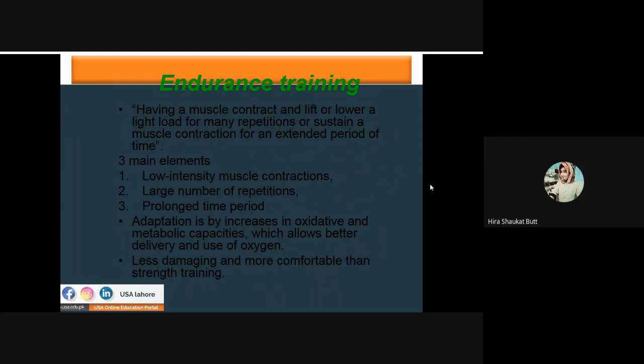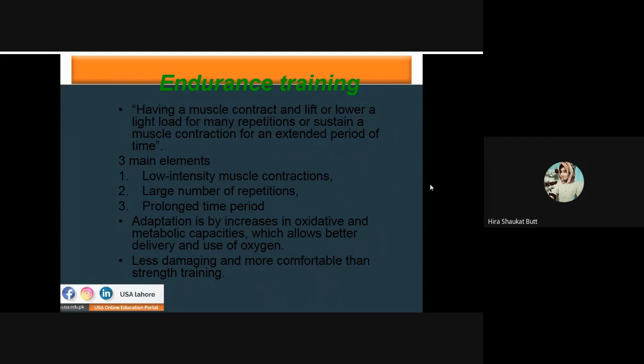And adaptation, how the body or the structure will be adapting. Adaptation is by increase in oxidative and metabolic capacities, which allows better delivery and use of oxygen. We will go through the detailed endurance training in the aerobic exercise chapter, chapter number 9, I guess. It is less damaging and more comfortable than strength training activity, because it simultaneously involves the very basic systems of the body: your cardiopulmonary system, your respiratory system, your musculoskeletal system, your metabolic system.